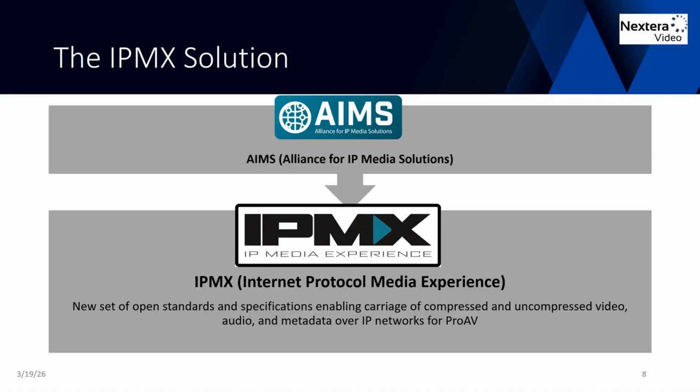And also resolution independent is a nice thing because everybody's got different needs for the amount of data they're moving through their network. So we came up with IPMX. It was developed by AIMS, the Alliance for IP Media Solutions. It stands for Internet Protocol Media Experience. So a set of open standards that governs how video and audio are moved over IP.